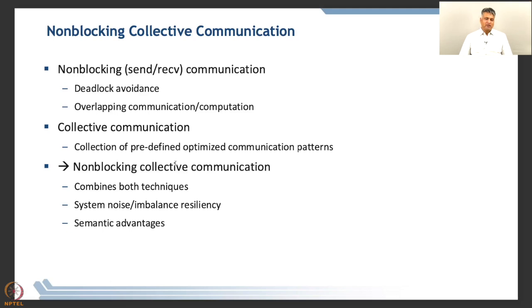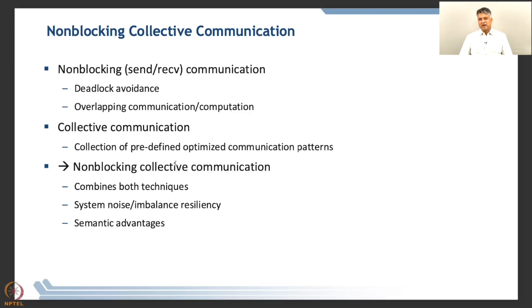When you are doing collective communication, they are also blocking by nature. For example, if I use an MPI broadcast, until the variable has been broadcast to all the respective processes and they have received the data, the programs will not advance.